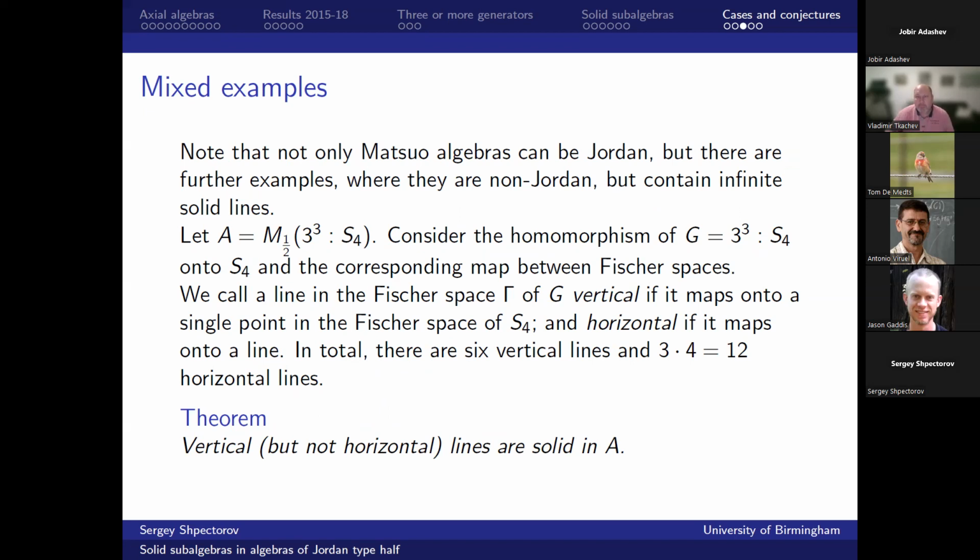Here, the group has 2 orbits on the lines of the Fischer space, the geometry that underlies the Matsuo algebra, and they can be classified into vertical lines and horizontal lines. The vertical lines in this case are all solid, and the horizontal lines are all non-solid. So this is an example where the full automorphism group is going to be the normalizer of the Cartan subgroup in the suitable algebraic group.